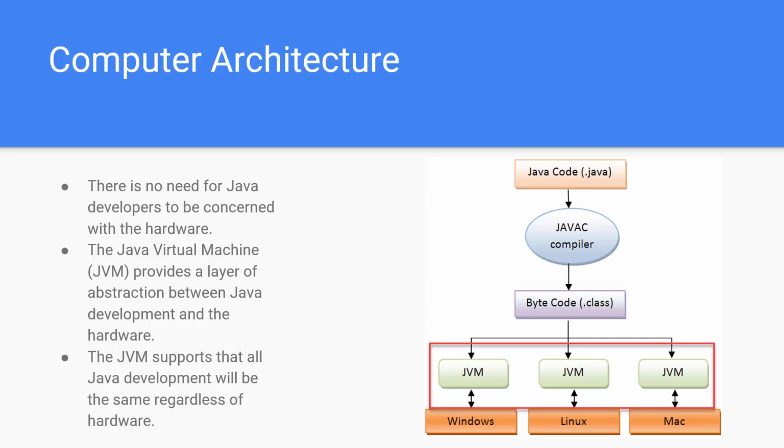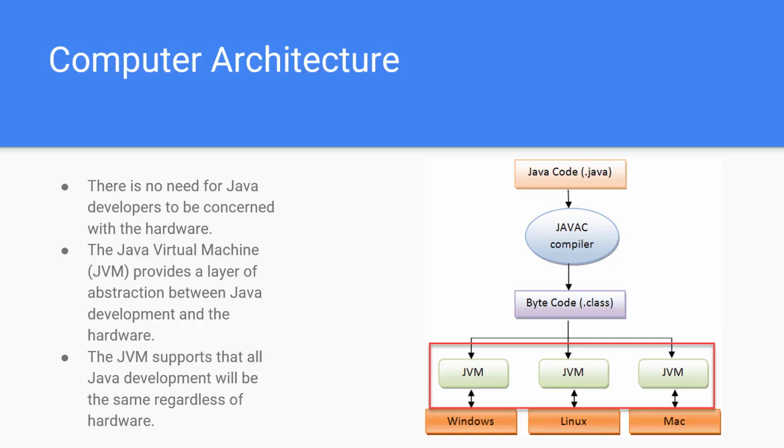And that made programming quite complex, but also it made it less portable because you had to have different versions of the same program to run on different hardware, so it was not very efficient.